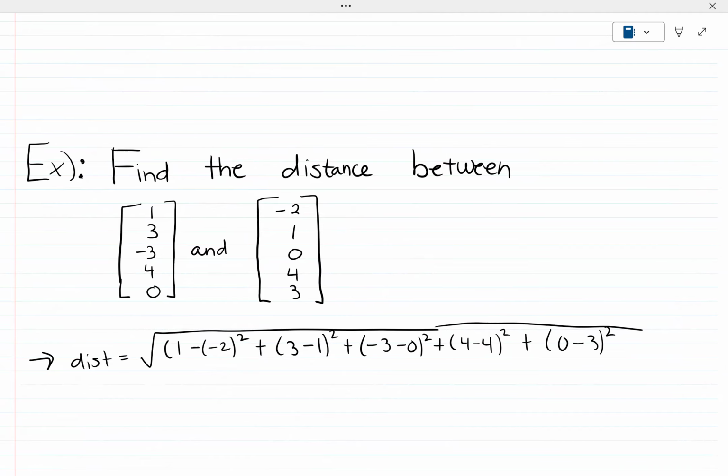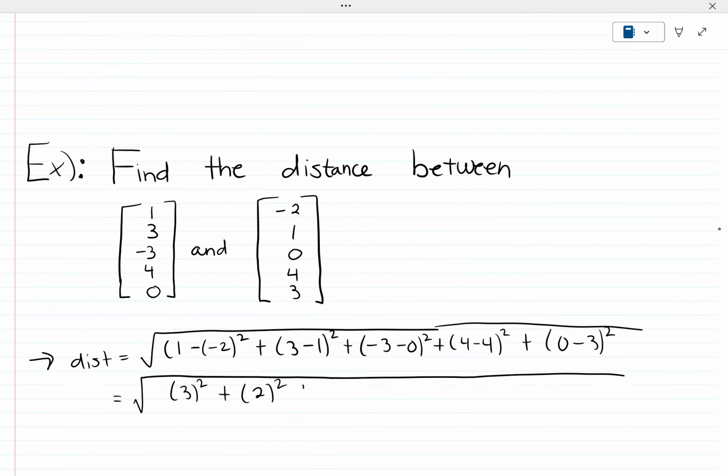And when you do the algebra, this is what you're going to get. You're going to get the square root. Two negatives become positive, so that's positive 3 squared. 3 minus 1 is 2 squared. -3 minus 0 is -3 squared. 4 minus 4 is 0 squared. 0 minus 3 is -3 squared.